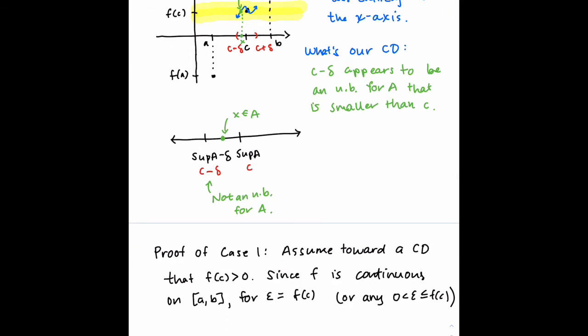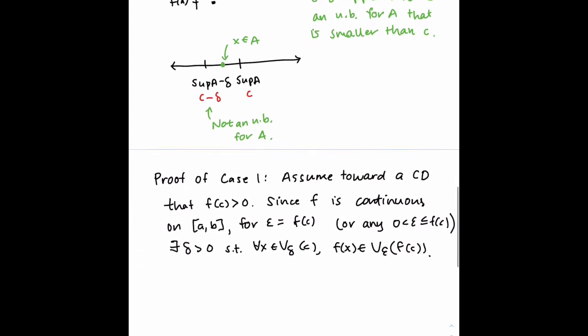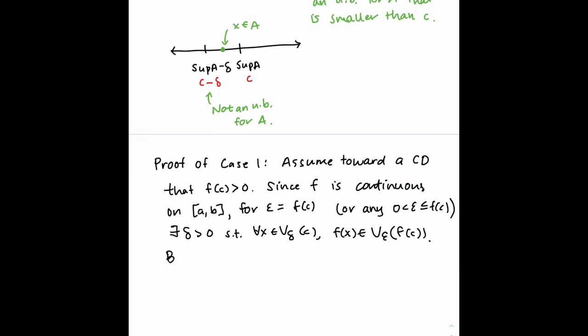So I know by definition of continuity, there has to be this delta neighborhood such that for all x in the delta neighborhood, f of x is in the epsilon neighborhood of f of c. By choice, V epsilon of f of c lies entirely above the x-axis.